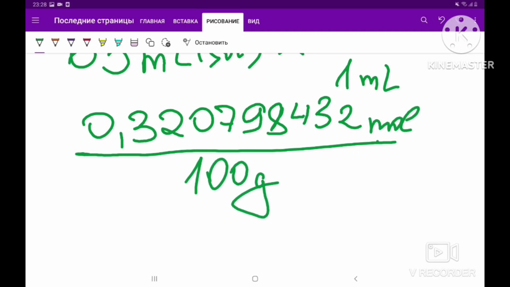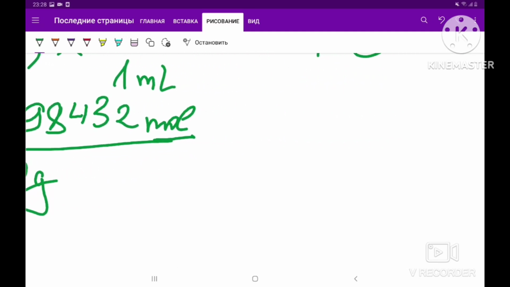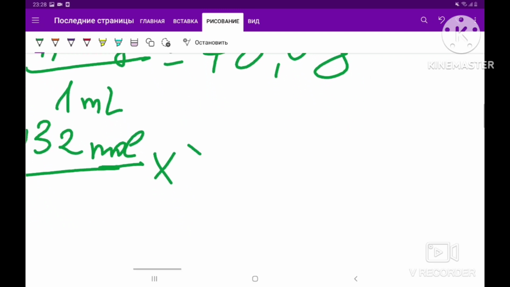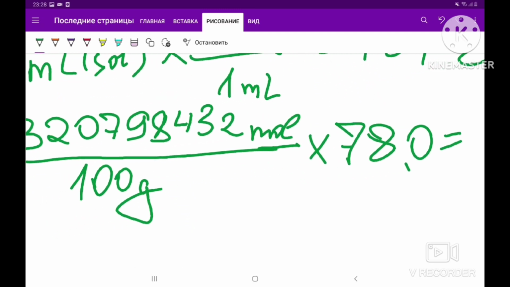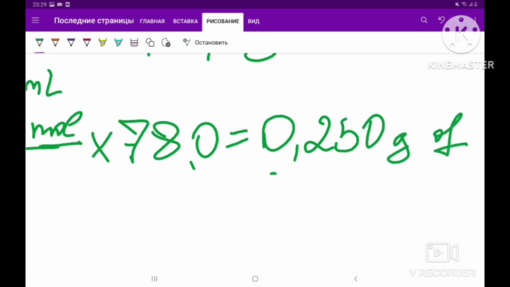Yes, in 100 gram we have this amount of mole, and let's multiply it by the real mass of the solution, that is 78, and let's find the answer. 0.25. We found the mass of the solution here.